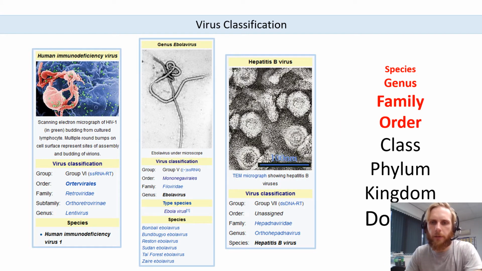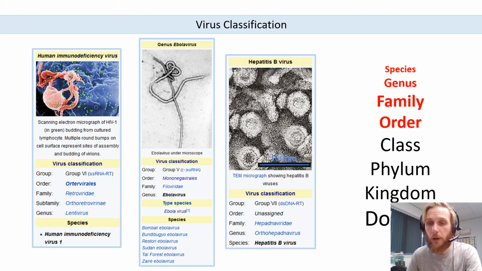So if you look up the classifications that we do have for the different viruses, you'll see that they don't go higher than order. We just don't have a class or phylum or a kingdom in the systems that are currently widely used. So for example, we have HIV here. We have the species, genus, family, subfamily, which is a subdivision of family, then family, then order, then nothing else. Don't have a class, don't have a phylum, don't have a kingdom, don't have a domain, because we don't know. We just don't have those answers.